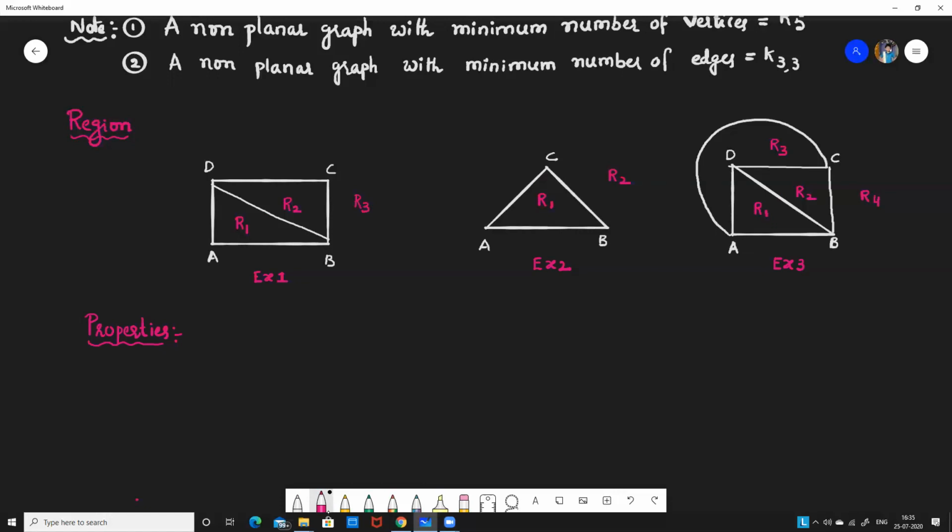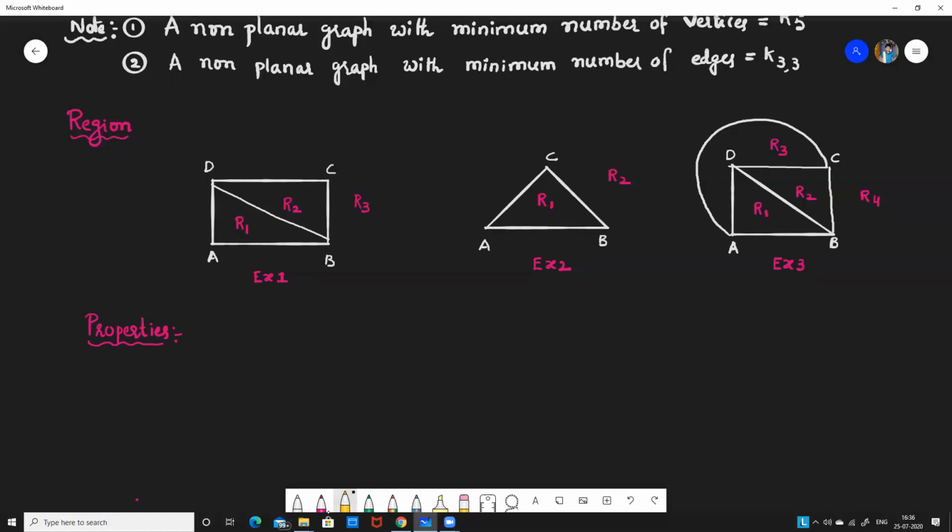How do I find the degree of any region? The degree of any region is nothing but the number of edges bounding that region. Clearly, the degree of R1 is equal to 3 because there are three edges.